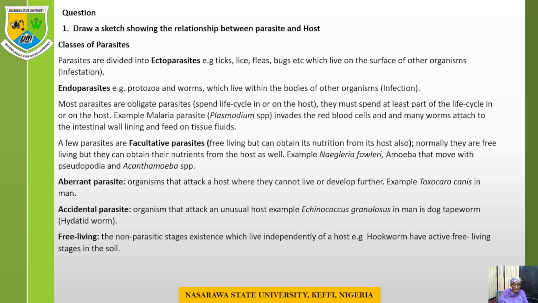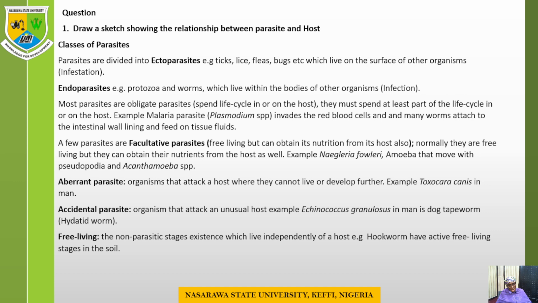Normally they are free living, but they can obtain their nutrients from their host as well. Examples, we have Naegleria fowleri, an amoeba that moves with pseudopodia, and also we have another example, Acanthamoeba species.